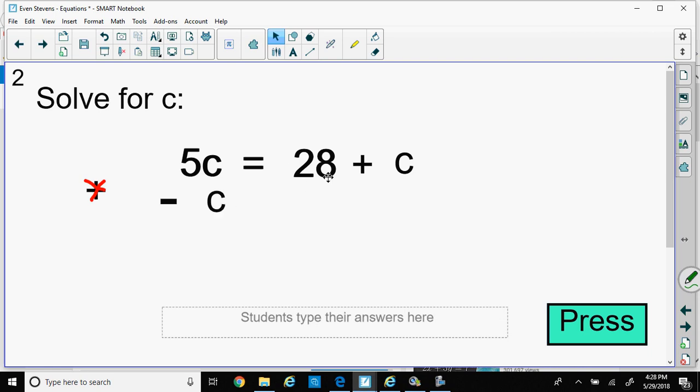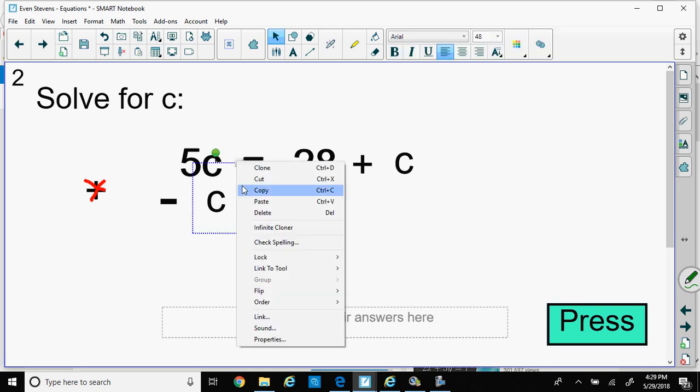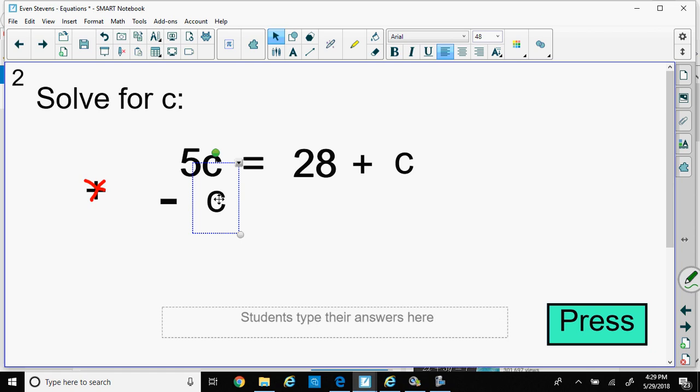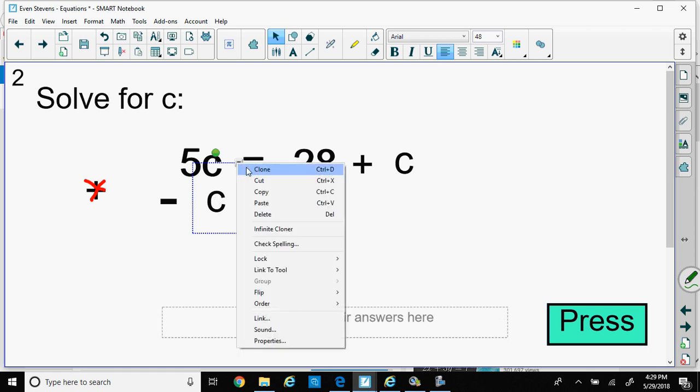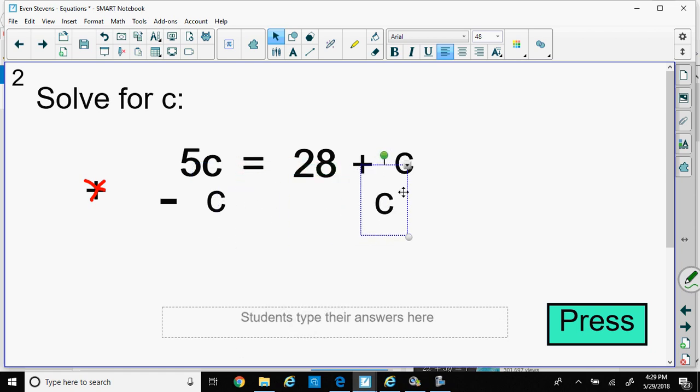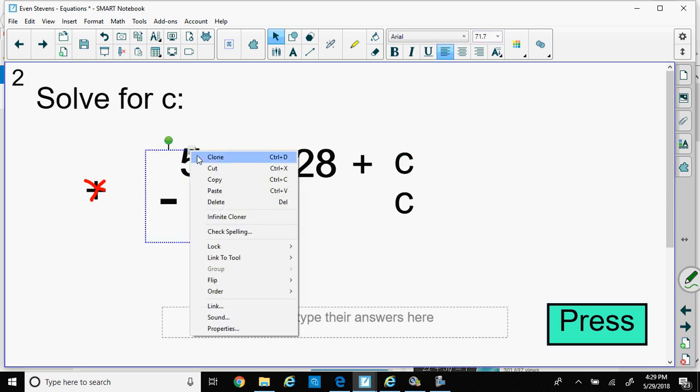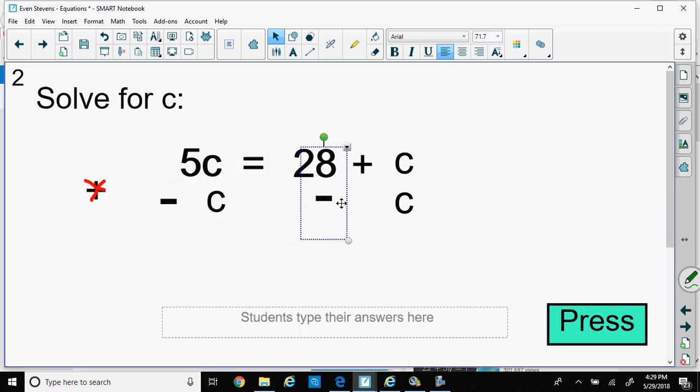The opposite of plus C would be minus C. So by doing that, we're going to have the C's on this side cancel out. So let's clone it. So I have a C here, and let's clone this negative sign. It's going to actually cancel out on the right side. So let's cancel it out.